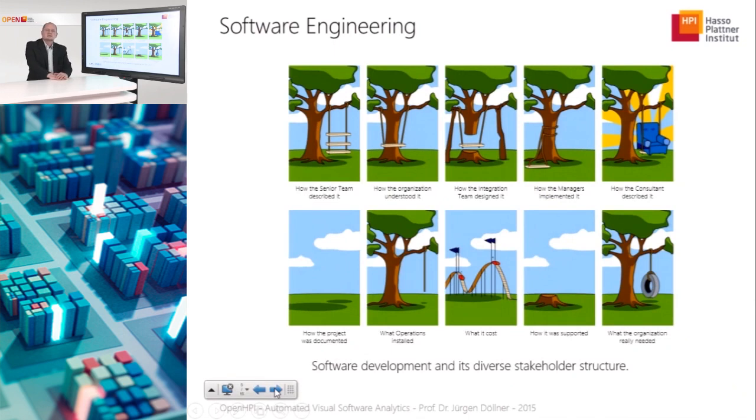The key problem behind software engineering is illustrated in this cartoon. Maybe most of you have seen one variant of this cartoon at least. It's about the different stakeholders and what they want, what they see, what they understand when we talk about a complex computer-based system, and in particular about a complex software-based system.